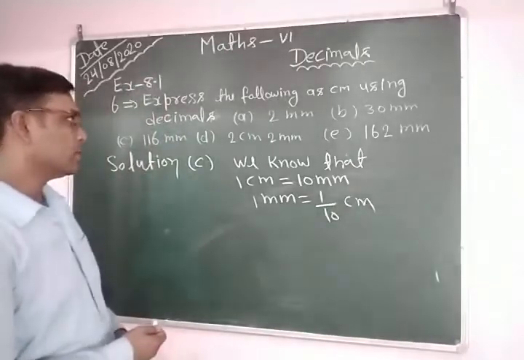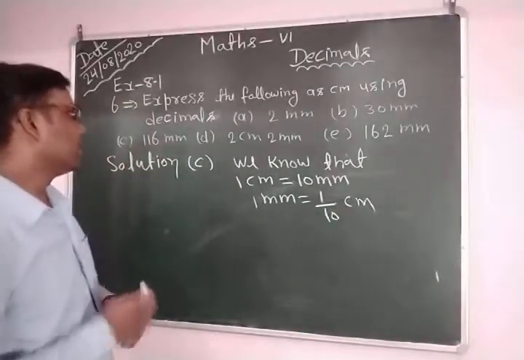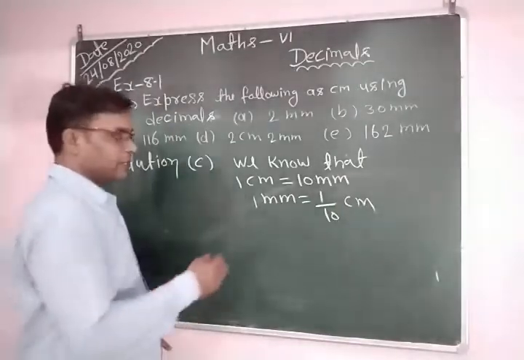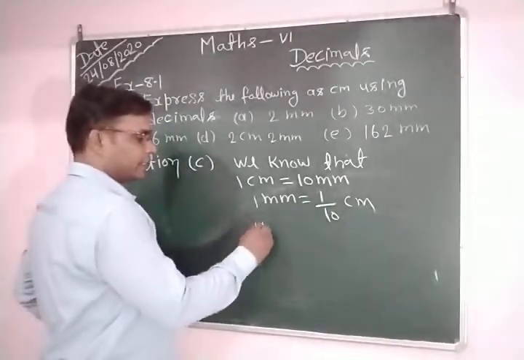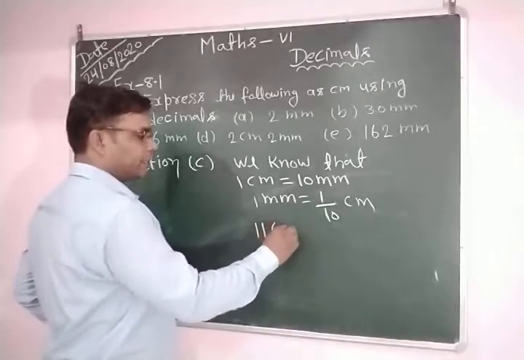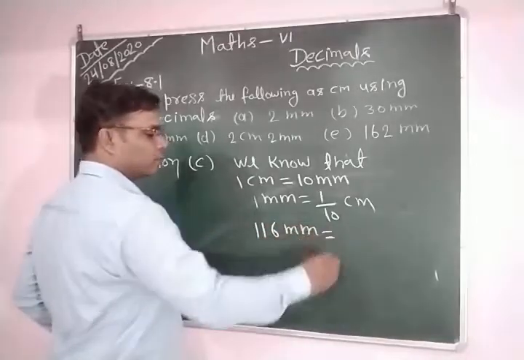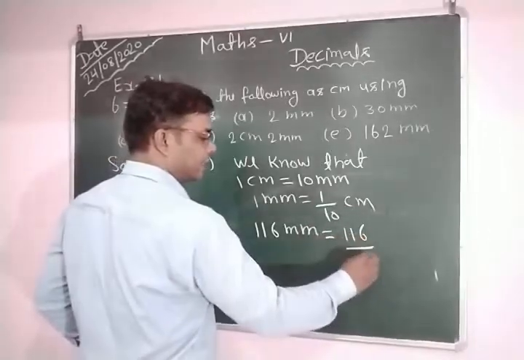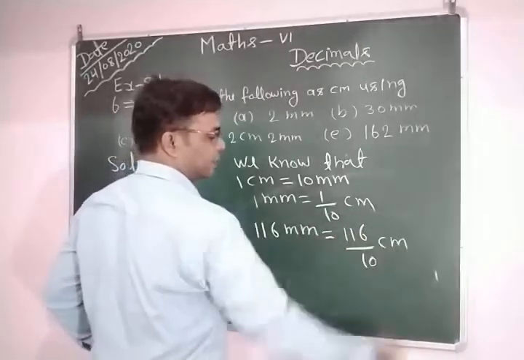Here we have 116 millimeters. So 116 millimeters is equal to 116 by 10 centimeters.